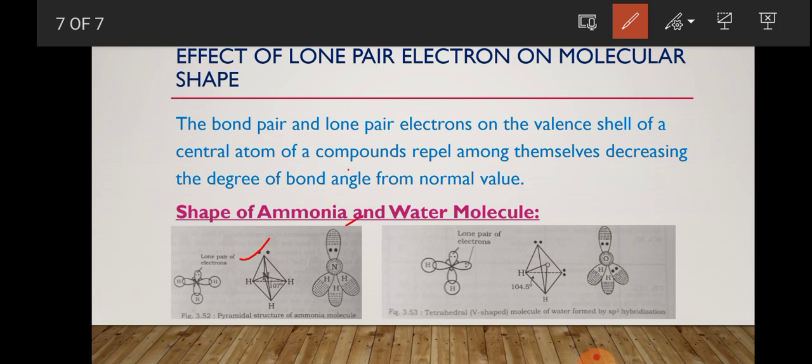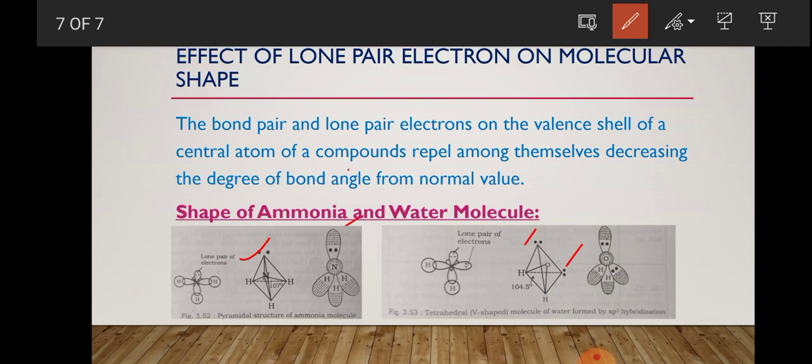Now another example is water. The shape and bond angle of the water molecule are V-shaped and 104.5 degrees respectively, because the central atom of water is oxygen, which contains two lone pair electrons in sp3 hybridization.